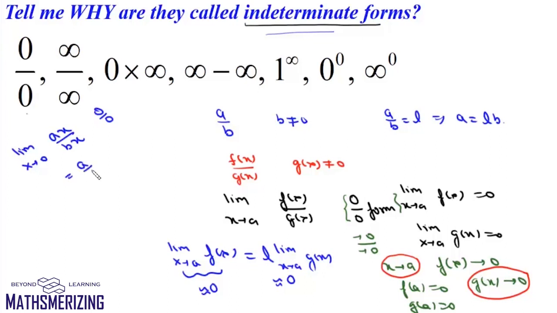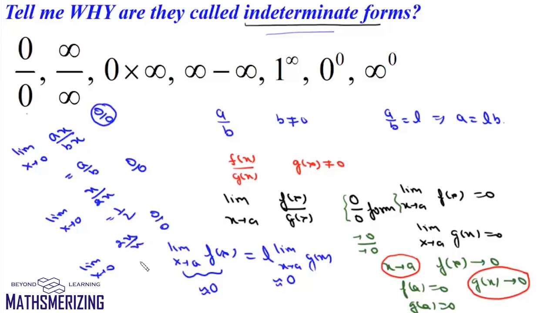Then the answer to this limit will be a upon b. Now choosing different values of a upon b, we'll get different answers for 0 upon 0. Suppose we take a as 1 and b as 2. Then limit x tends to 0, x upon 2x, is 0 upon 0, and this value is 1 by 2. If we take a as 2 and b as 1, we'll get 2x upon x, which is 0 upon 0.